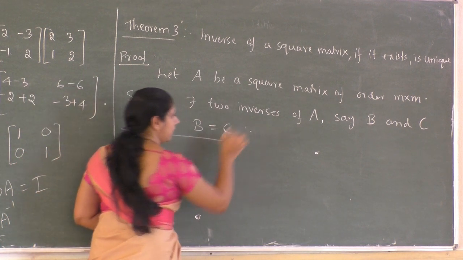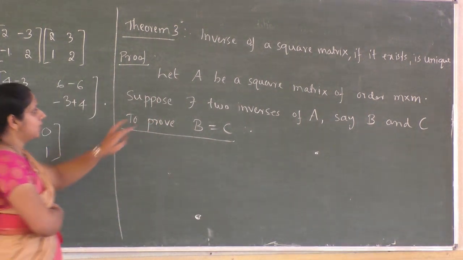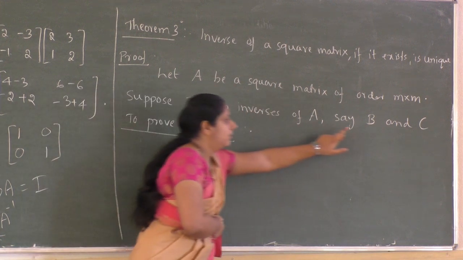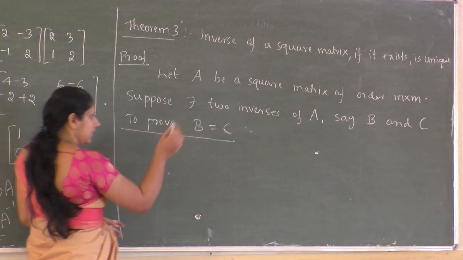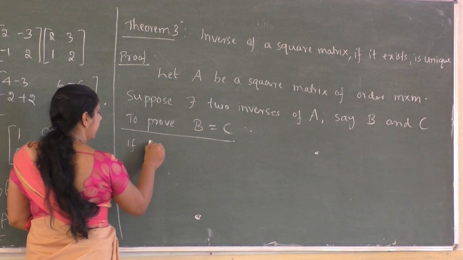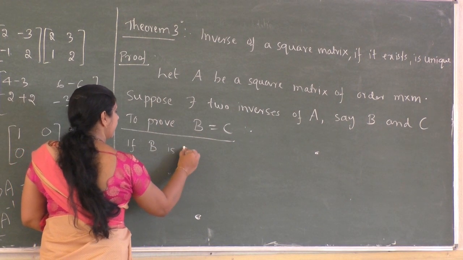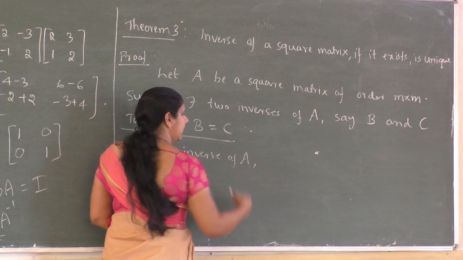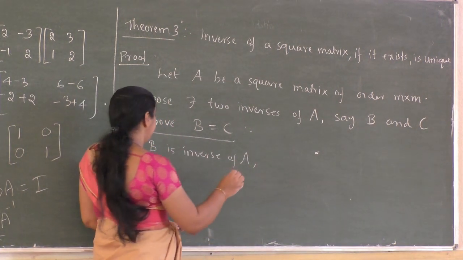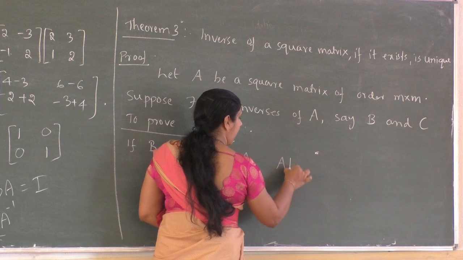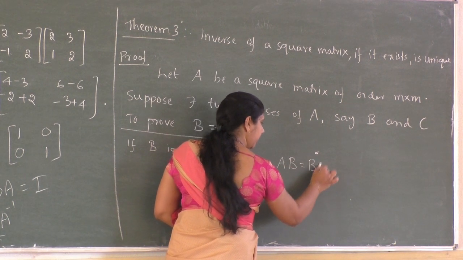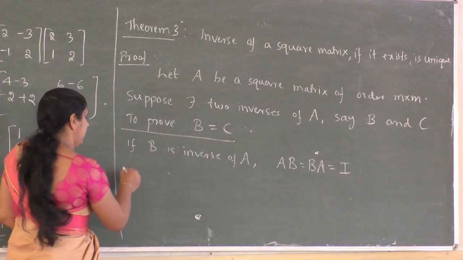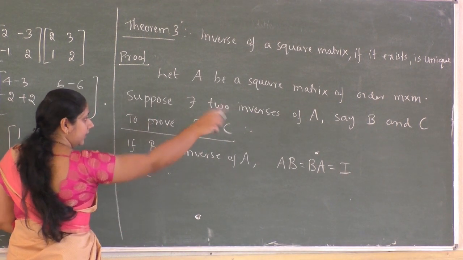So this is the condition we have to prove, and we have the condition A is a square matrix and its inverses are B and C. See, if B is the inverse of A, then by the definition of invertible matrix, we can write AB is equal to BA, which is equal to I. Now, we have another inverse.